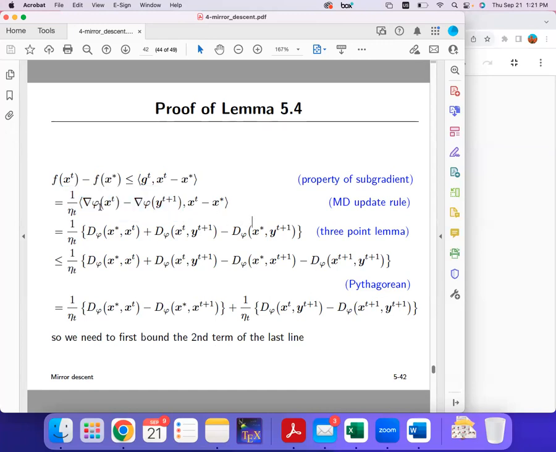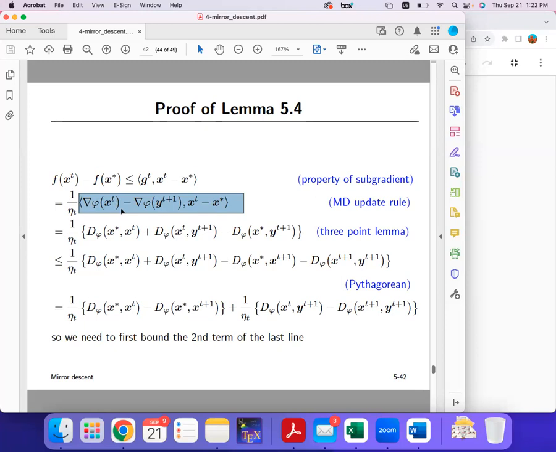Okay, now we have a very nice inner product structure: gradient phi of x_t minus gradient phi of y_{t+1}, inner product with x_t minus x star. Okay, and this is a very important structure for Bregman divergence, because such an inner product involves 3 different points: x_t, y_{t+1}, and x star. Right, 3 different points.